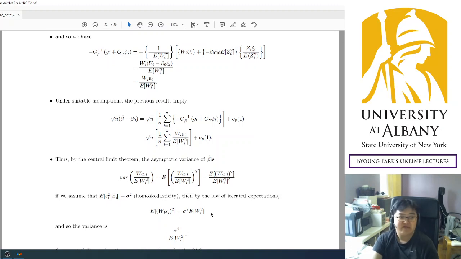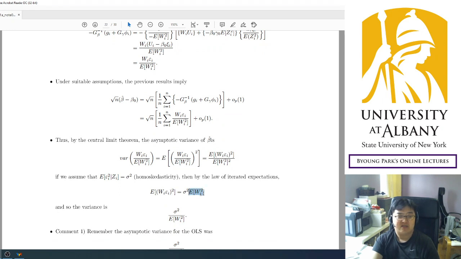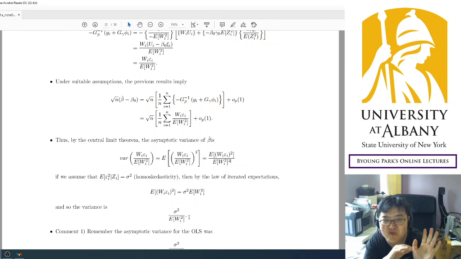Do it by yourself, and then this is cancelled out by a term in the denominator, and in the end, the variance of the two-stage estimator becomes sigma squared over the expected value of w squared. I did it very quickly, but try it by yourself without reading this.